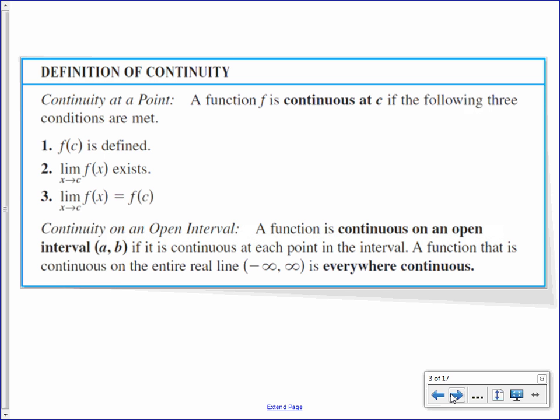We need a point, we need a limit, and the limit and the coordinate need to be one and the same. That's what those 3 things say. You will be asked to repeat these 3 things.